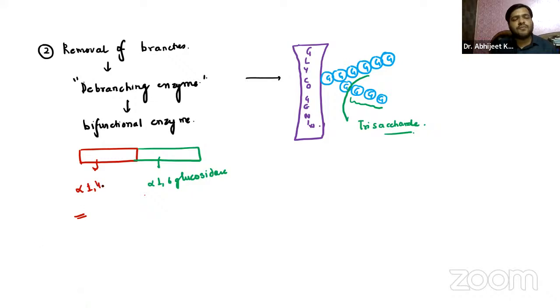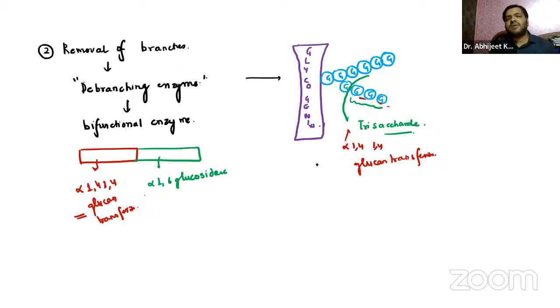Alpha 1,4 glucan transferase. This enzyme basically cuts a trisaccharide, right? So the alpha 1,4 linkage is present.